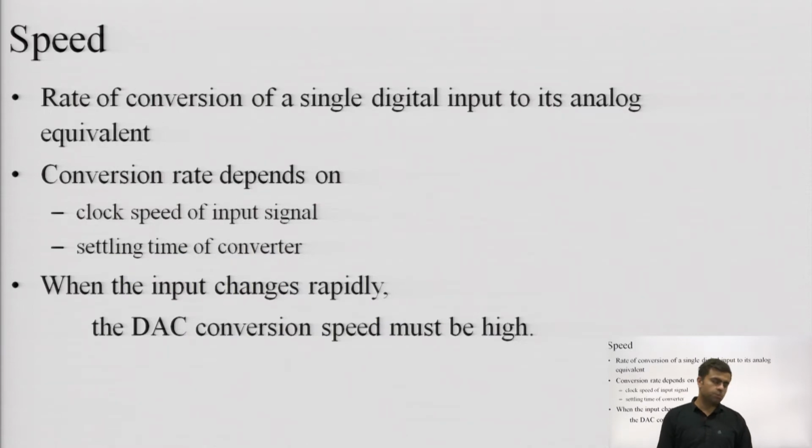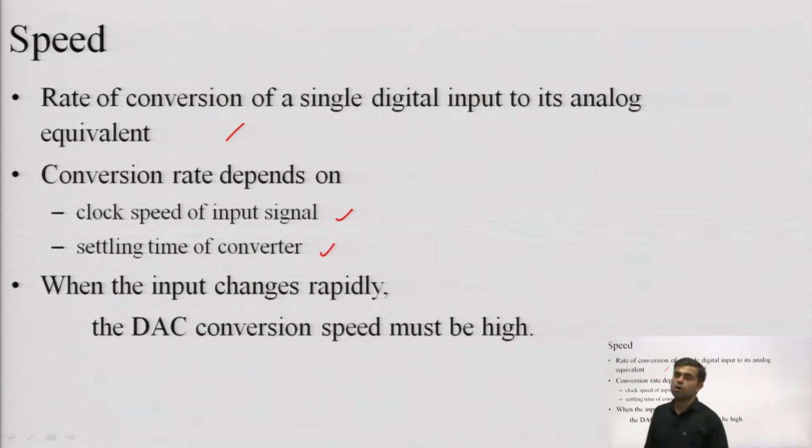Now coming to the speed of your D2A converter: it is how fast this circuit can convert a digital signal into an analog signal, the rate of conversion of a single digital input to its analog equivalent. The conversion depends on two factors: clock speed of the input signal and settling time of the converter.